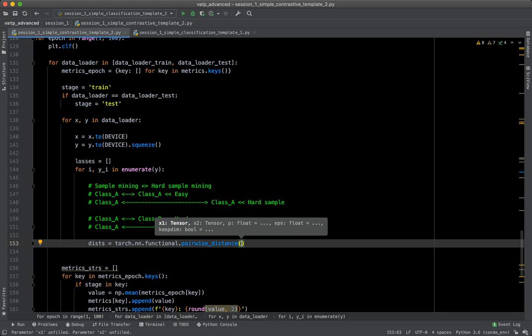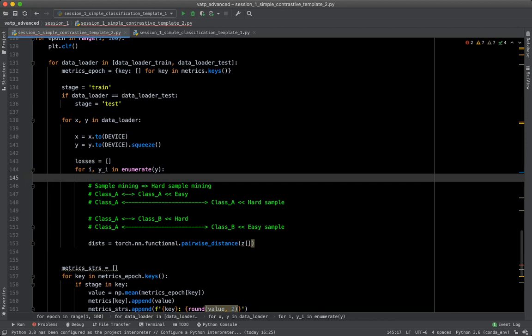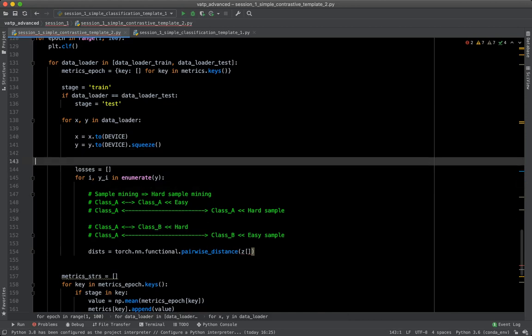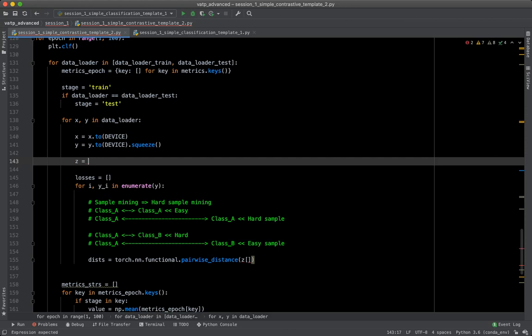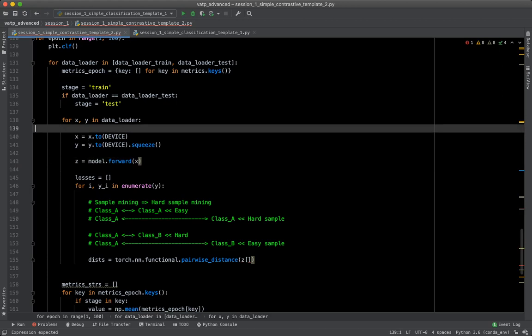So here, if you use this one, and use the z vector that we just produced, of course I deleted the z vector as well, sorry. So the z vector we can get from the model, of course, right? So the model forward the x. So we now get the vectors of the z's.